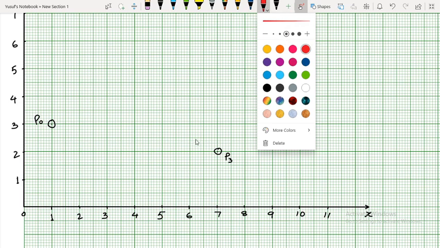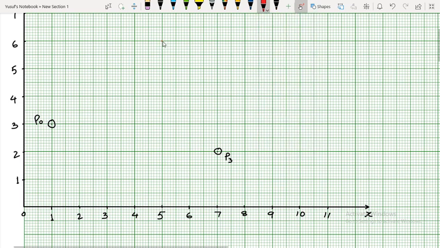Then I will draw control points. The first control point P1 is given 5 comma 6. It will be here. It is control point 1, P1. And then P2 is 6 comma 0. The second control point is here.